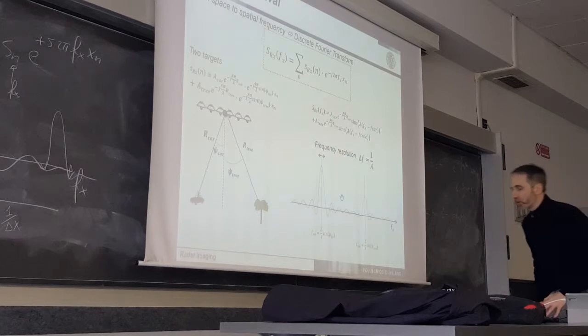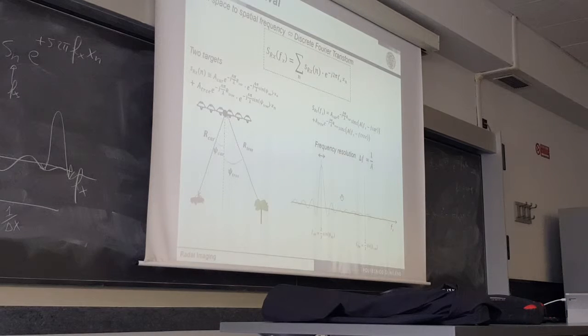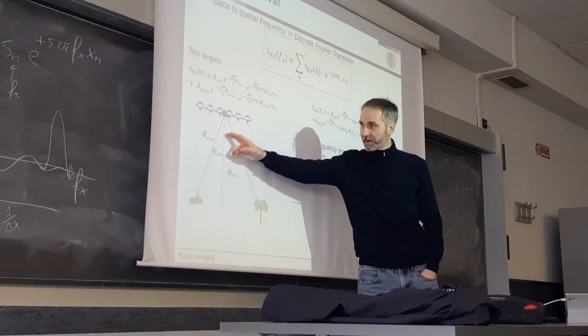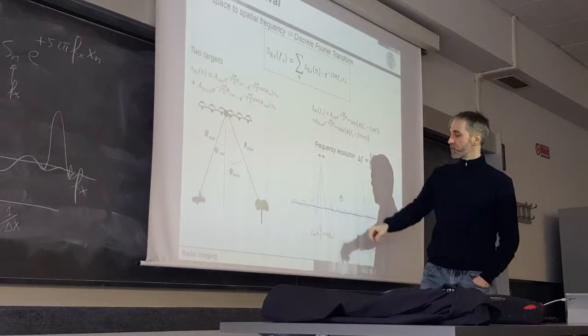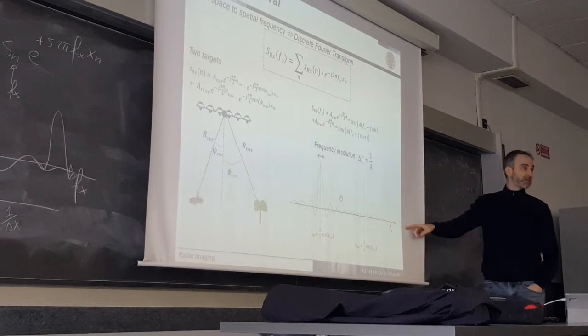And here is a case where two targets are correctly resolved. You see, you have these two targets at different angles, and so you get this is the peak of the first target, and this is the peak of the second.